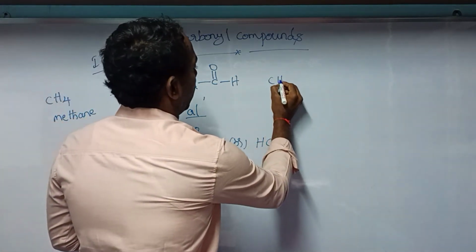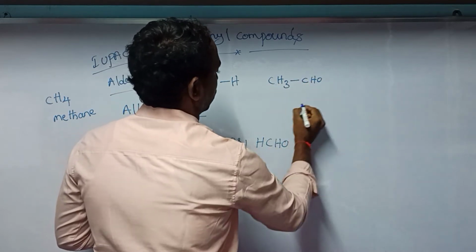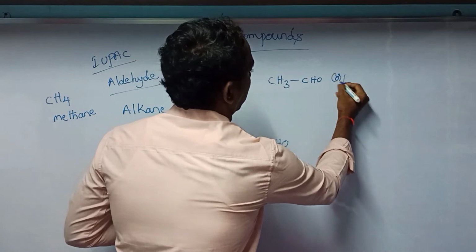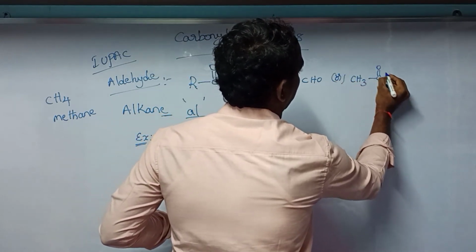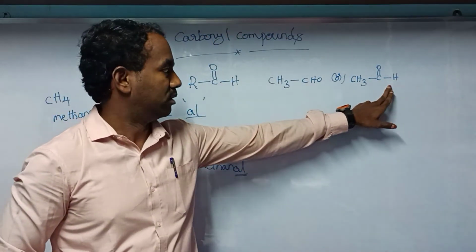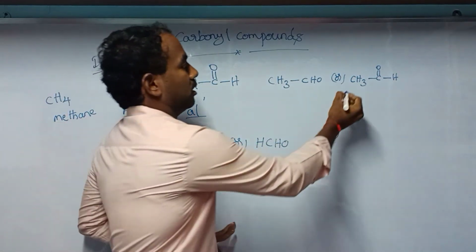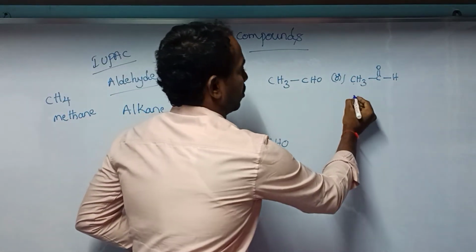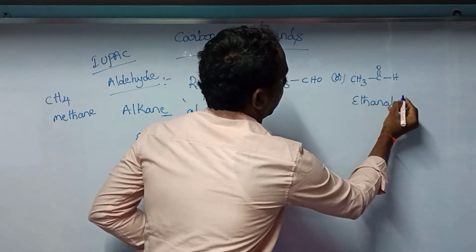Similarly, if I write an aldehyde with two carbon atoms, CH3CHO, or you can write CH3, C double bond O H. What is the IUPAC name of this aldehyde? The aldehyde with 2 carbon atoms is ethanal.